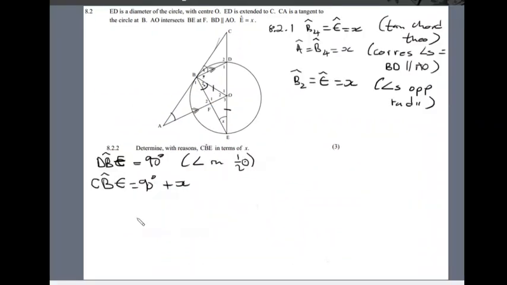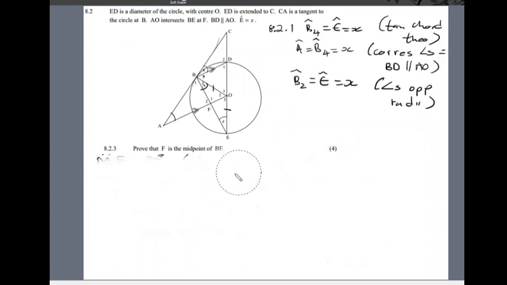8.2.3: prove that F is the midpoint of BE. So to prove that F is the midpoint of BE, we just need to find a way of showing that BF and FE are equal, right? So one way of doing this is to prove that those two triangles are congruent.